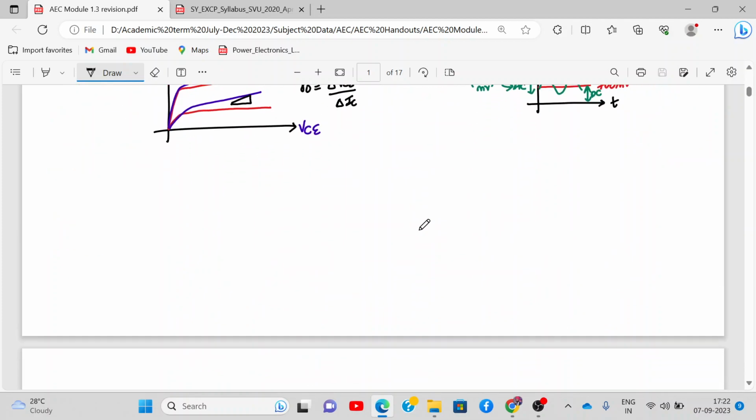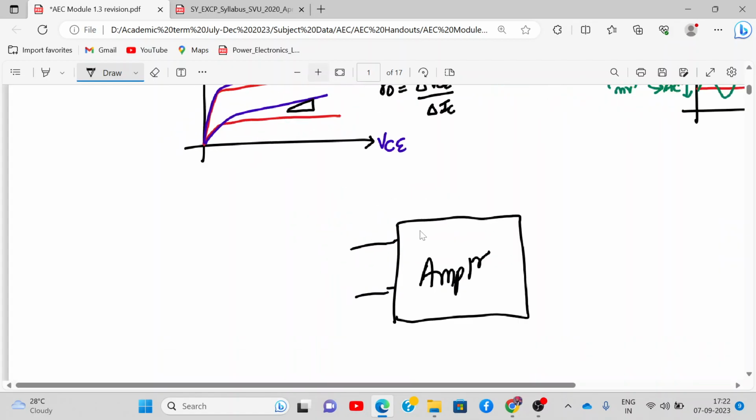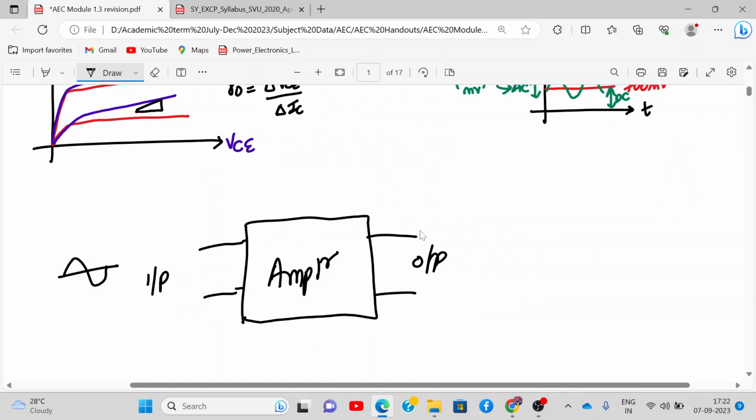Now let's start building an amplifier. For a good faithful amplifier, you apply a very small AC input signal and you expect the output to be a large variation of that.